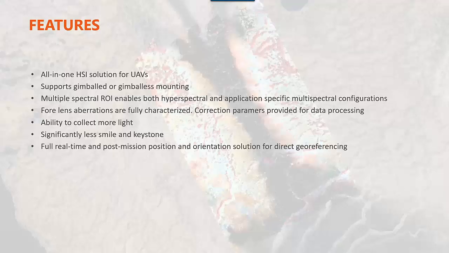So we have the calibrated field of view and location for each pixel within the field of view and provide that data as a vector which can be used during the post-processing for accurate georeferencing together with the high accuracy GNSS IMU data. We also have an ability to collect more light thanks to larger aperture of the system, but we still have significantly less smile and keystone compared to competing solutions.